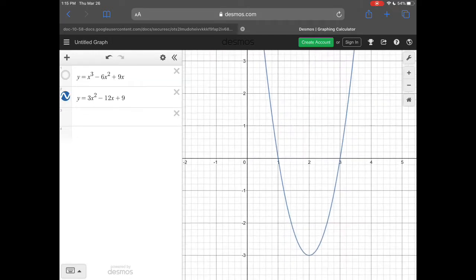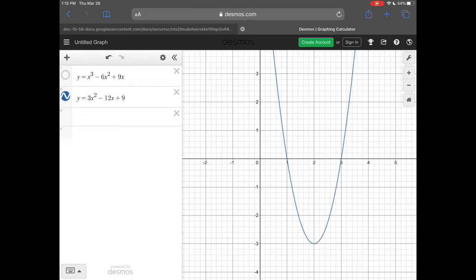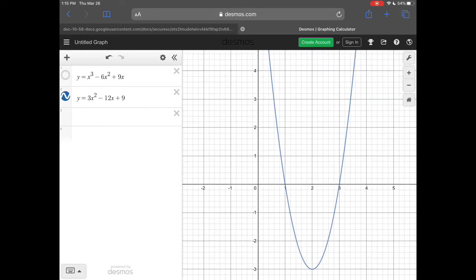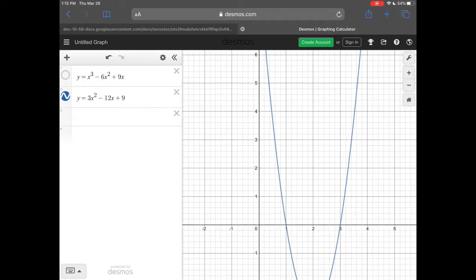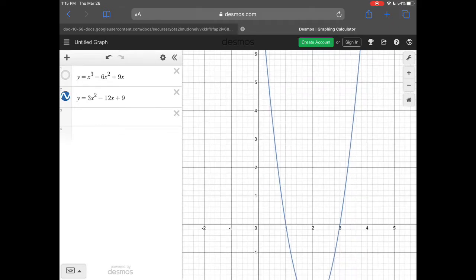And we can see that part of this graph is below the x-axis or horizontal axis. That's the part that's from x equal 1 to x equal 3. And then the other part of the graph is above the x-axis. So we can see that our velocity is positive for all time between 0 and 1, and then also for all time greater than 3.